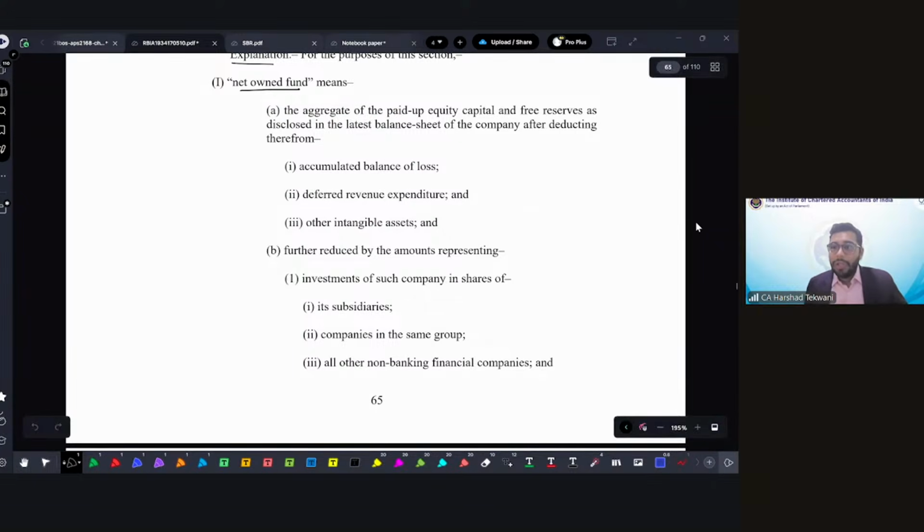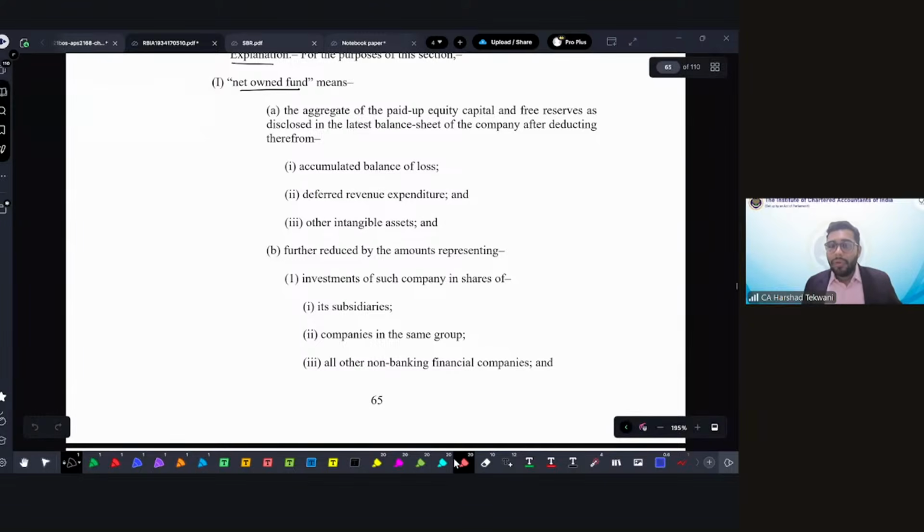Because you need to understand whether the NBFC is meeting the requirement of NOF or not, so that you can report as per the requirements of RBI. Whatever we are doing, why are we understanding it? Because there is a reporting requirement in the picture.